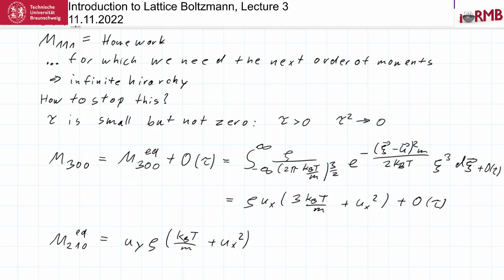This seems to be looking like some advective flux of velocity plus something related to a velocity to the power of 3. And now we also have M111 equilibrium equal to rho ux uy uz.